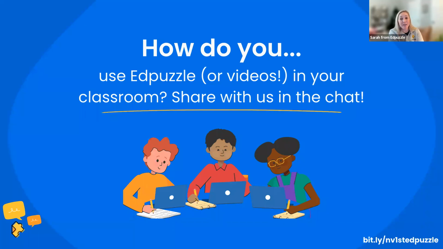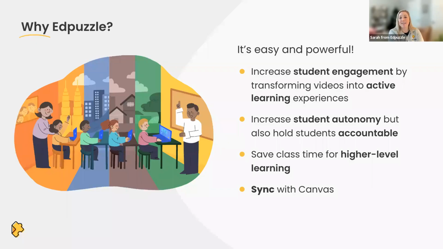So the beauty of Edpuzzle, speaking of pausing, is a prevent skipping toggle, which means that your students can't continue watching the video until they answer the question. Because of this, you're automatically holding students accountable for answering those questions. They can also be autonomous because they are watching the video and it's pausing while they're watching it on their own individually.